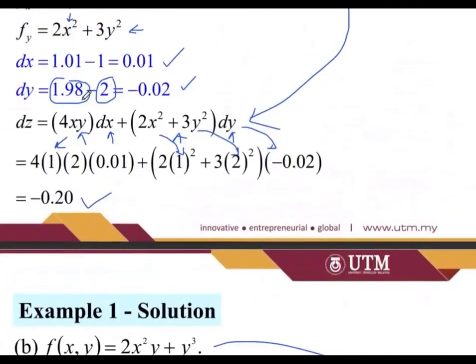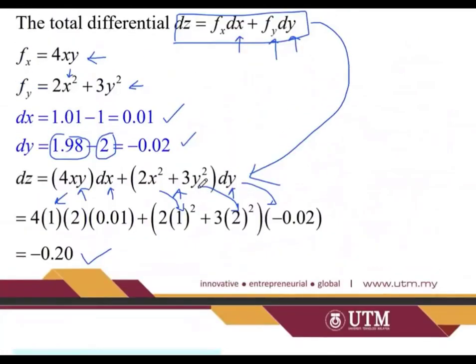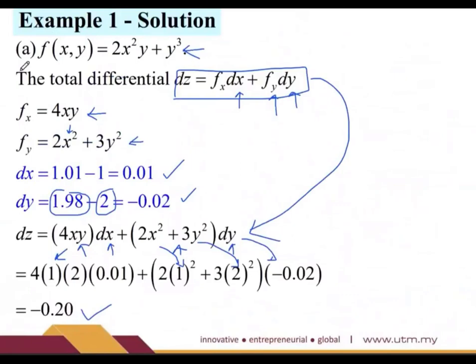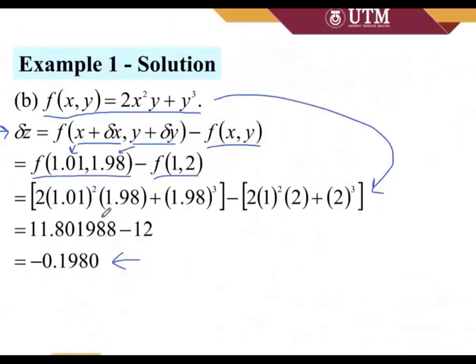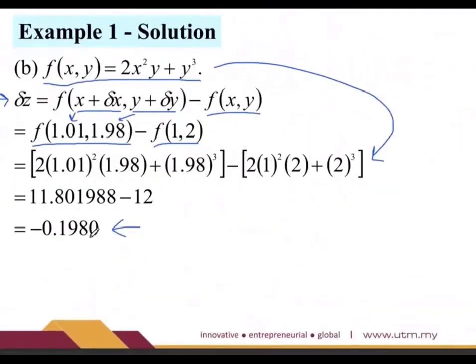What we can conclude is that by using differentiation, we can get the total differential and know the increment. This is why we learn differentiation. You see, negative 0.2 and negative 0.1980 are close.